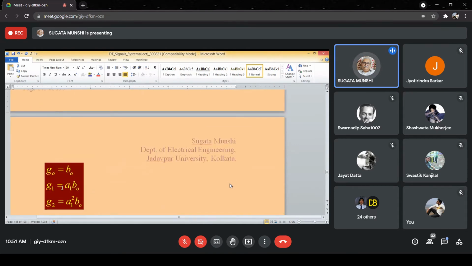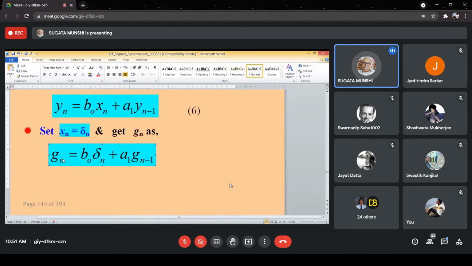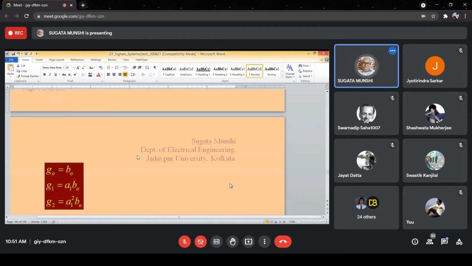Similarly, for G1, for n equal to 1, here, B0 delta 1, that is 0, because delta 1 is 0, plus A1 into G0. A1 into G0 means A1 into B0. So G1 is A1 into B0.